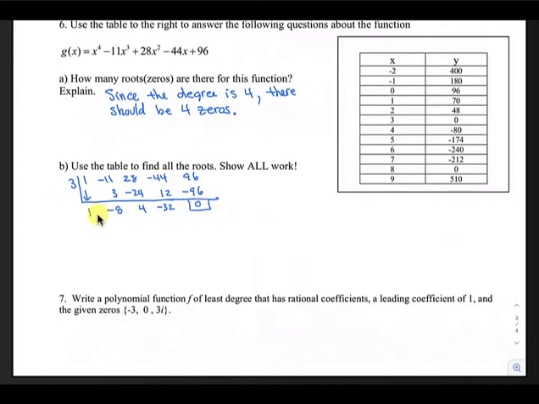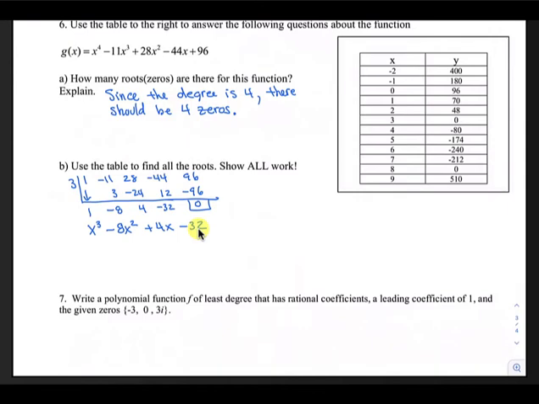Now I recognize that the resulting polynomial here is going to be x to the third minus 8x squared plus 4x minus 32. And I also recognize that we can factor by grouping because the ratio in the first group is 1 to negative 8. The ratio in the second group is 4 to negative 32, which reduces to 1 to negative 8.